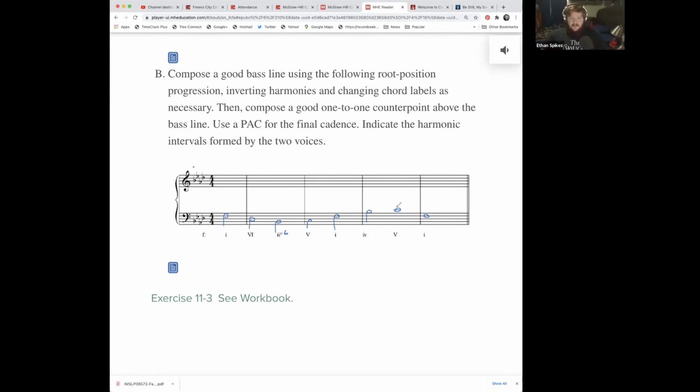With a C up that high, wouldn't you run the risk of potential voice crossing or overlapping? You could. That's why I'm kind of afraid of putting that C up there, because then we really limit what we could do with counterpoint. All right, so we're going to go down here.